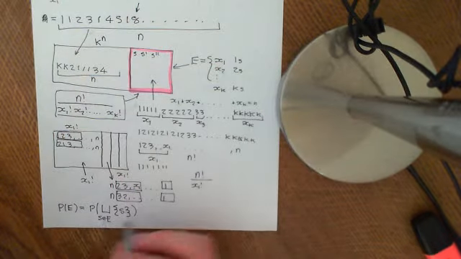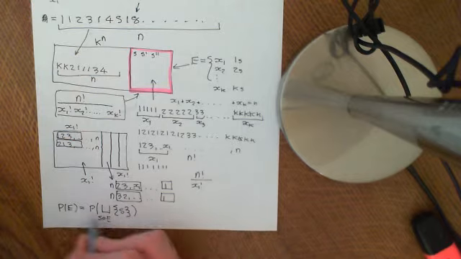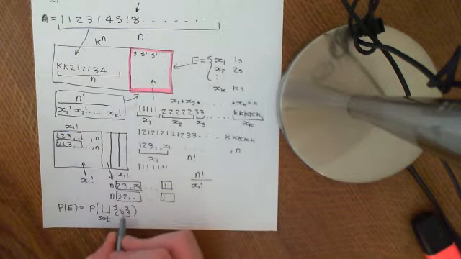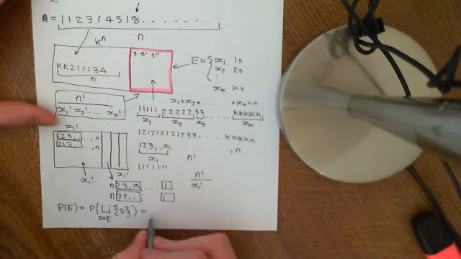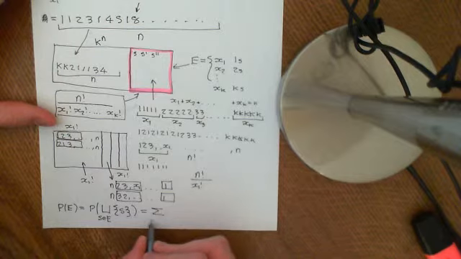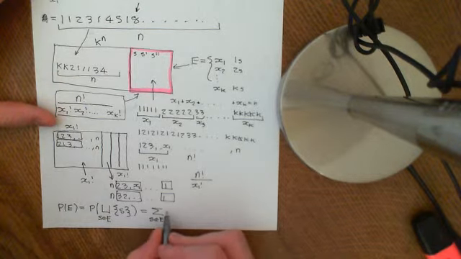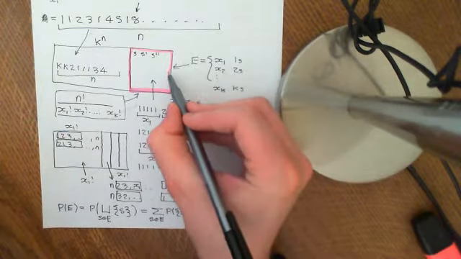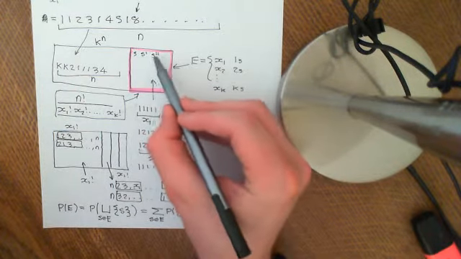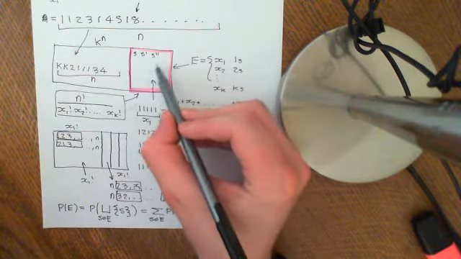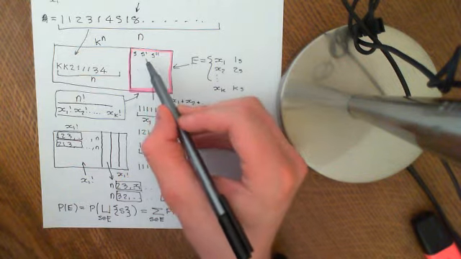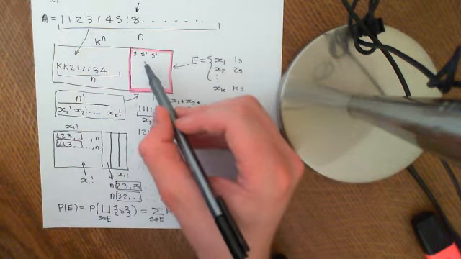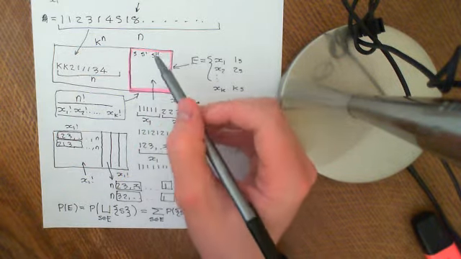This event can be broken down into the disjoint union of all of these. Then by the second axiom of probability, this just has to equal the sum over every possible outcome in the event of the probability of those singletons. So the probability of event E is the sum of the probabilities of all of the individual events containing a single outcome, for all of the outcomes that are in this event.